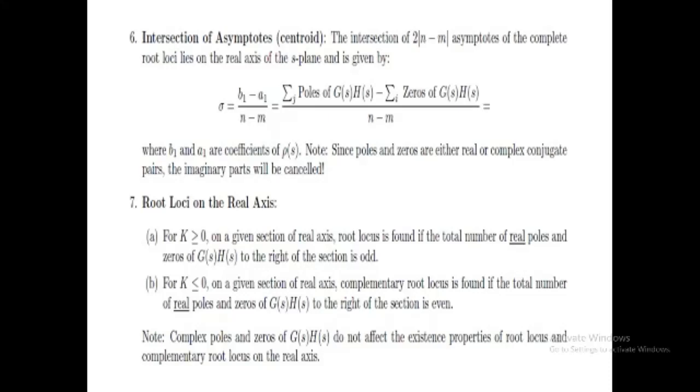Here b1 and a1 are the coefficients of the highest powers of s, and it should be noted that these poles and zeros are either real or complex conjugate pairs.